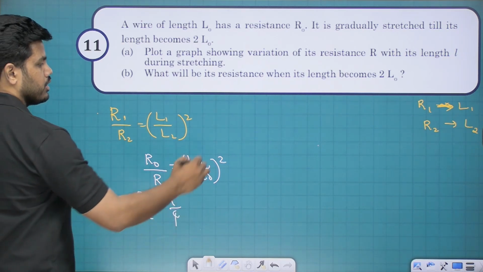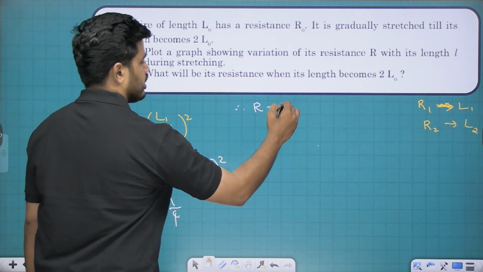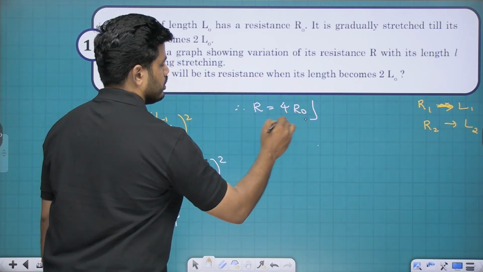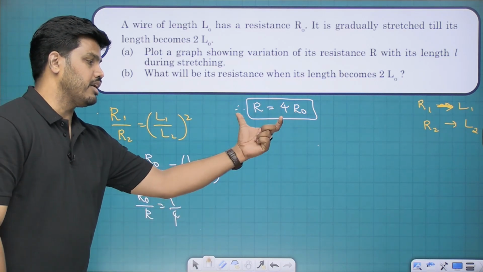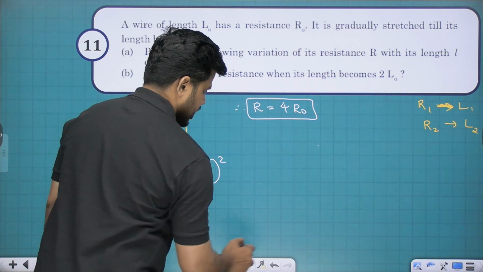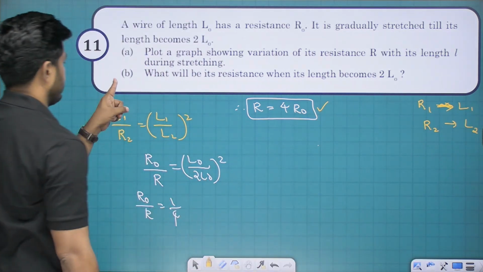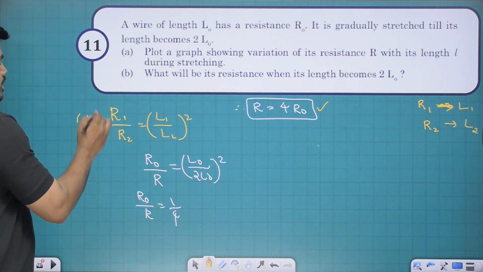So what is new R? The new resistance R is equal to, cross multiply, 4 times R0. This was the final resistance after stretching into 2L0. So we have solved the second part first, the B part, because we had the equation directly.